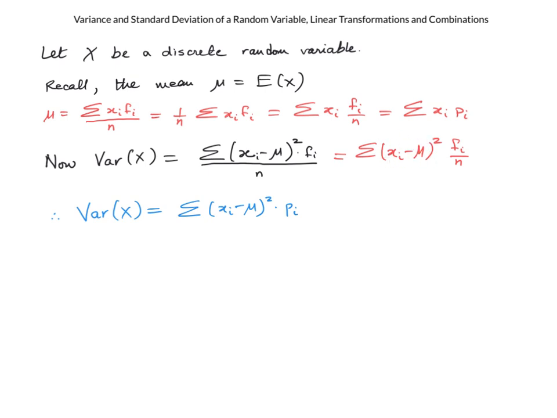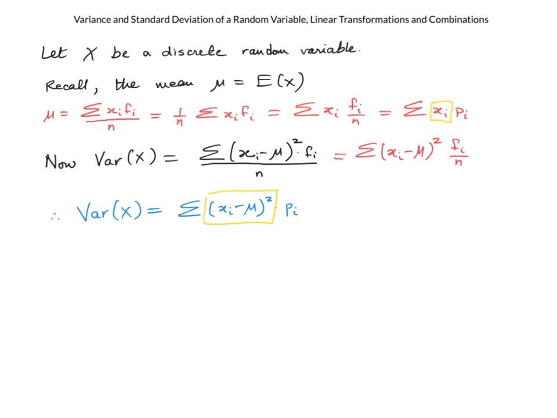Once again, I'm going to get my fi over n after I've got my xi minus mu quantity squared. So this basically becomes the variance of X, which is equal to the sum of the xi minus mu squareds times the probability of each of those xi's. And of course, then we add them all up, as I said. Now, this here was sigma of xi times its probability, and that ended up being the expected value of X. Well, this new one is sigma of the xi minus mu quantity squared values times each of their probabilities.